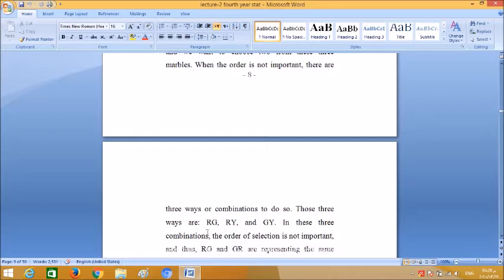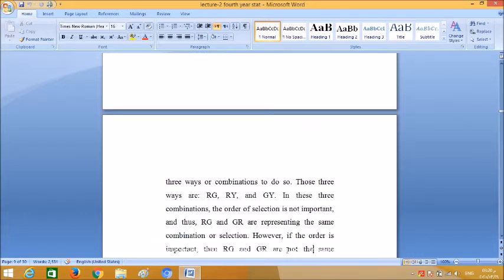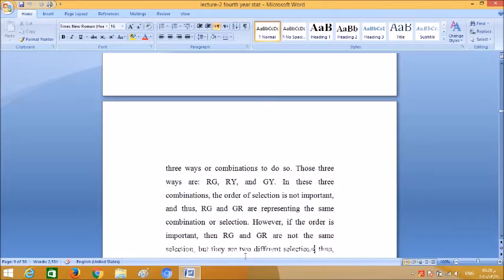RG and GR represent the same combination or selection or group. However, if the order is important, then GR and RG are not the same selection, but two different selections.